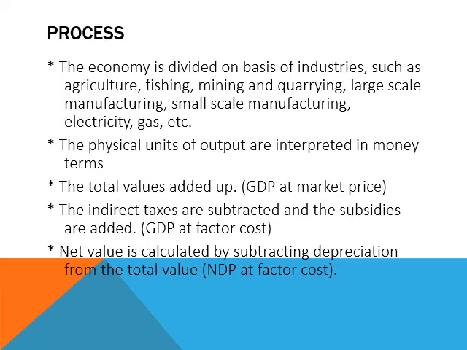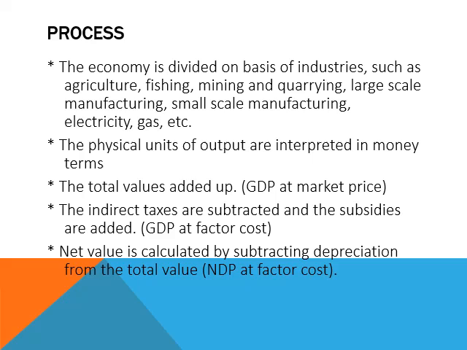The economy is divided on basis of industries such as agriculture, fishing, mining, large-scale manufacturing, small-scale manufacturing, electricity, gas, etc. The physical units of output are expressed in money terms.